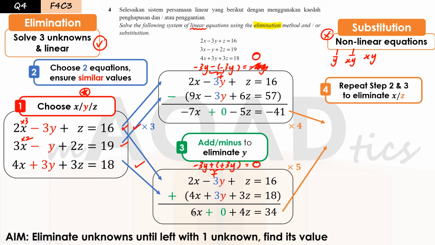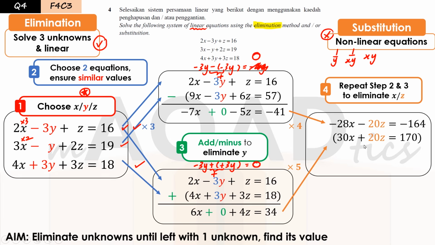And for the second equation here, we are going to multiply the value of z from the first equation, which is 5. Once you multiply 4 for the first equation and 5 for the second equation, this will be the result, and you can see that the value of z is the same.